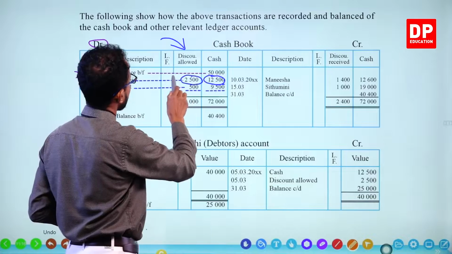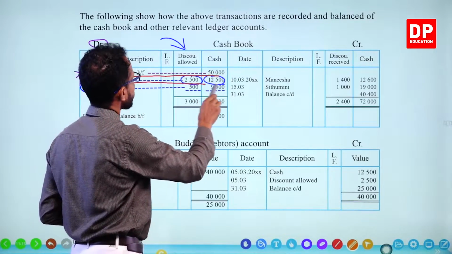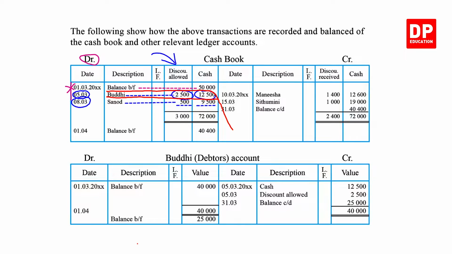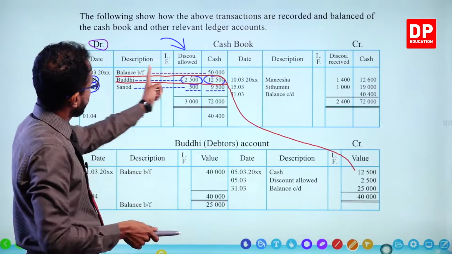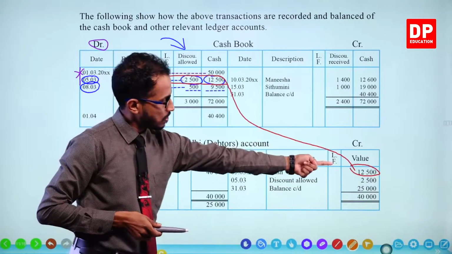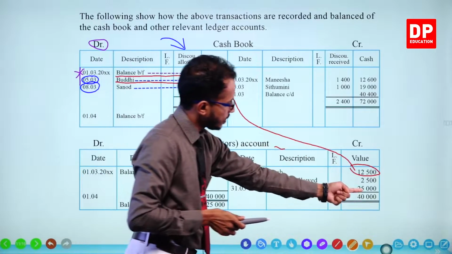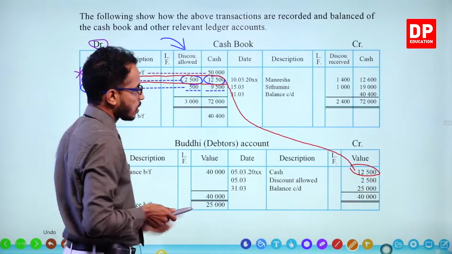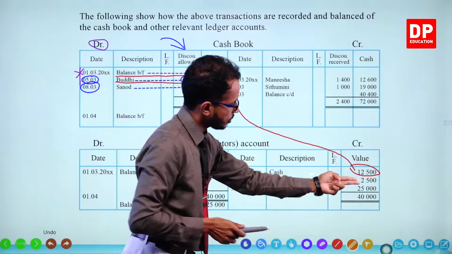We'll take from this side down to Buddhi's account. You got it? 12,500 cash right here. 2,500 discounts allowed underneath the cash amount right here.